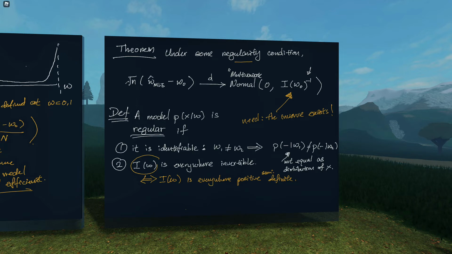It's non-negative. But we do need, for a model to be regular, you need it to be definite, meaning that all the eigenvalues are strictly greater than 0, which, in the family of positive semi-definite matrices, are precisely the invertible matrices.